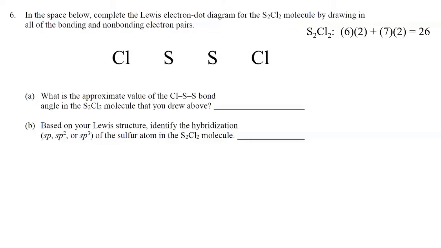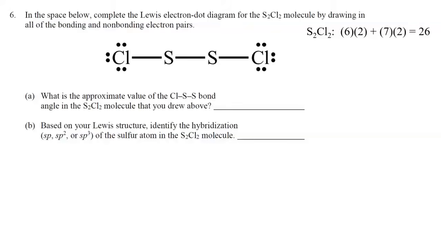We'll start off with single bonds to connect the atoms. So I've used up 6 electrons in drawing these 3 single bonds, and now we'll satisfy the octets around the terminal atoms using lone pairs of electrons. So after 6 comes 8, 10, 12, and then we'll keep going on the other side of the molecule, 14, 16, 18.